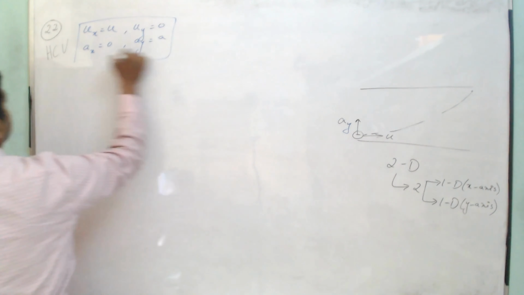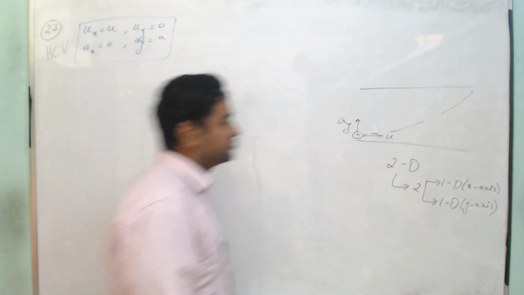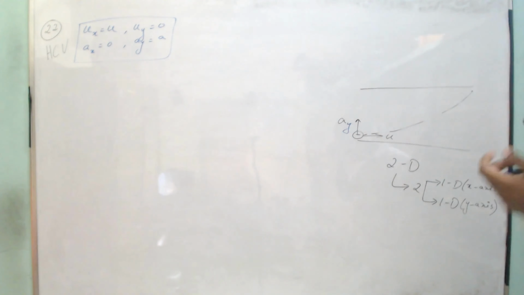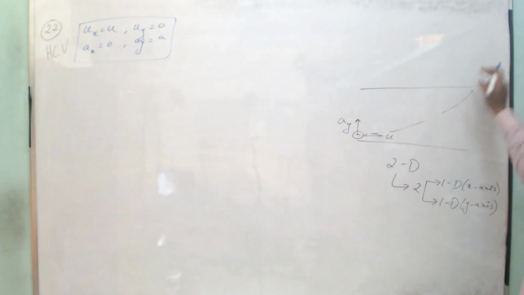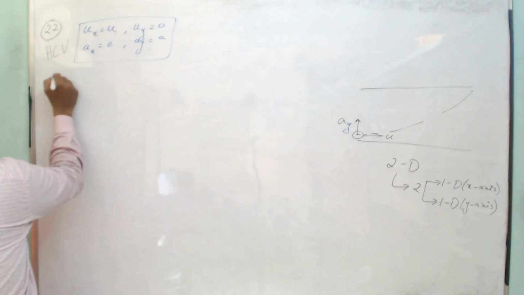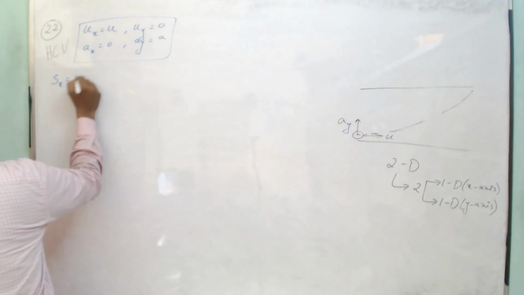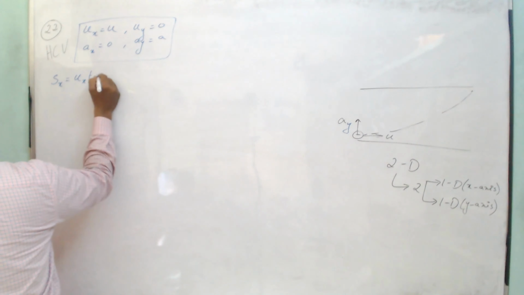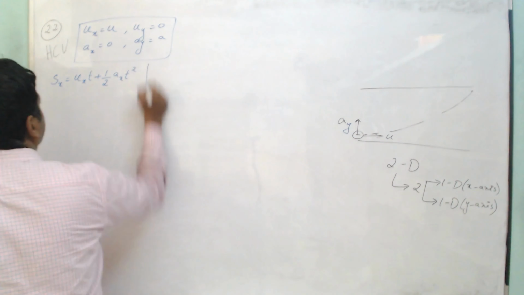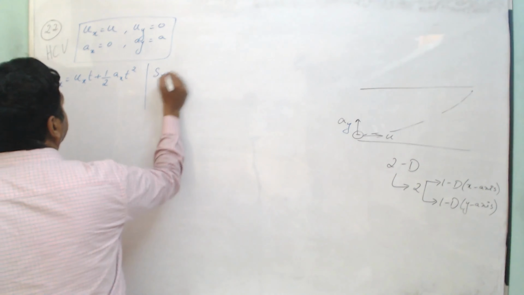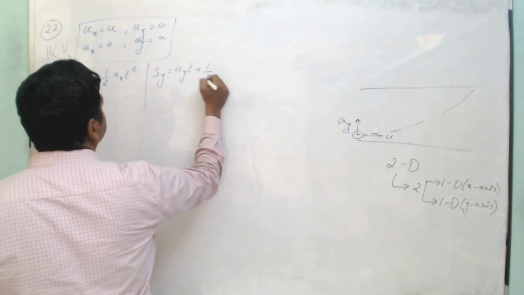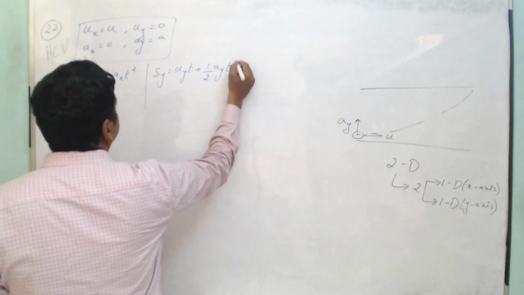Because distance is also involved, my equations will come out as Sx is equal to uxt plus half axt square, and Sy is equal to uyt plus half ayt square.